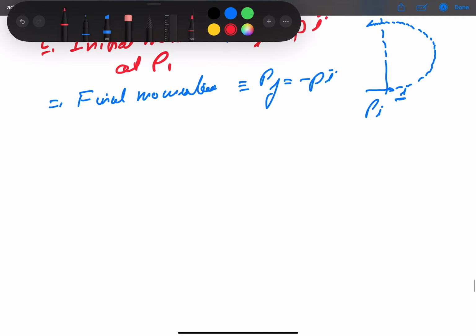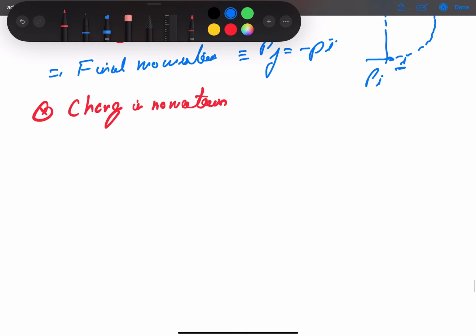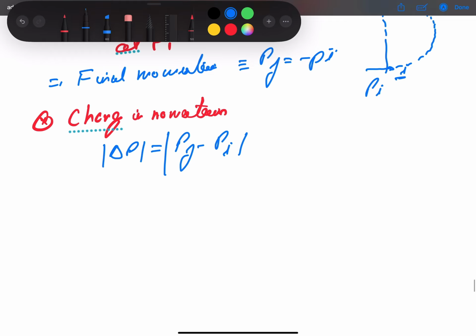Therefore, we can find out the change in momentum. Delta P will be Pf minus P initial, and obviously we are interested only in magnitude, that will be equal to our 2P.